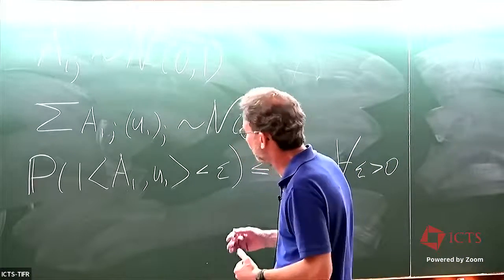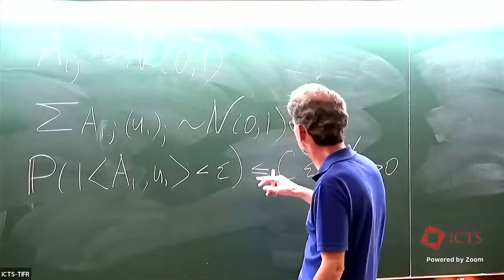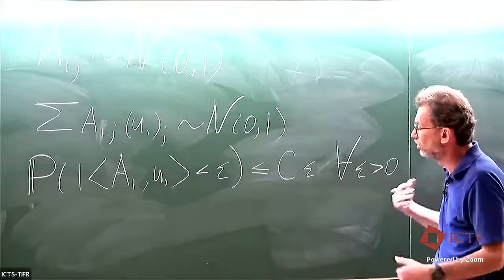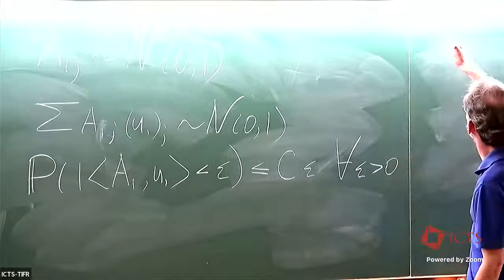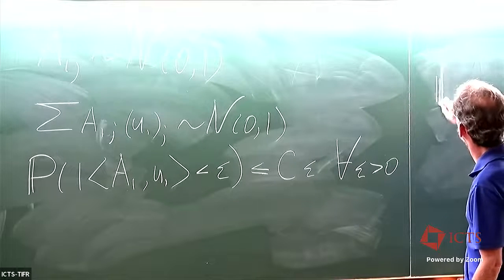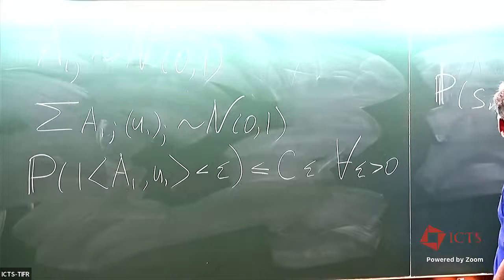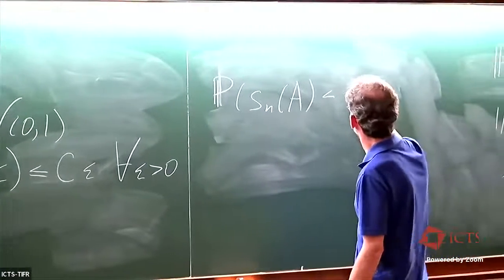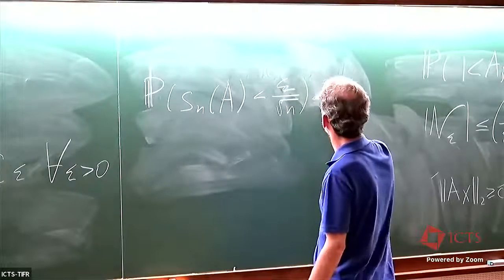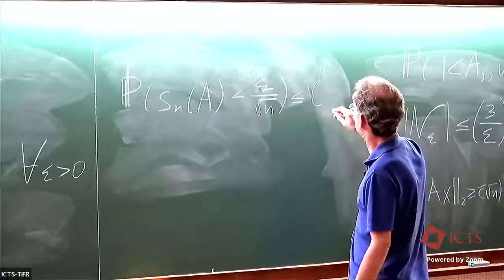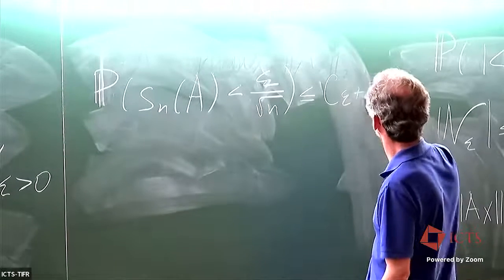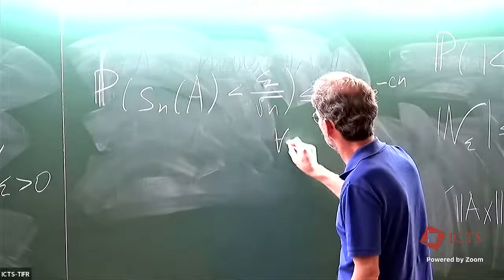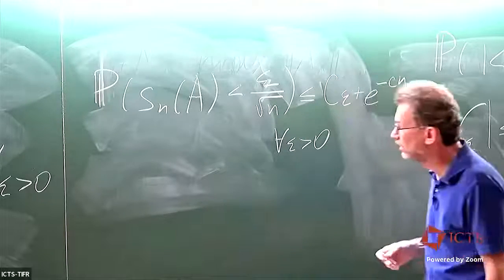And then what we ideally would have, if this small ball estimate were true, is that the probability that Sn of A is less than epsilon over square root of n is less or equal than C epsilon plus e to the negative Cn for all epsilon greater than 0.